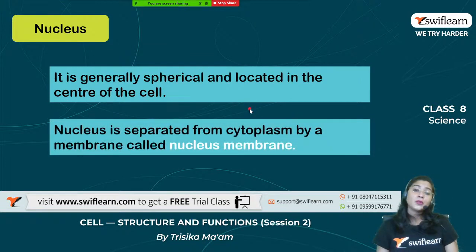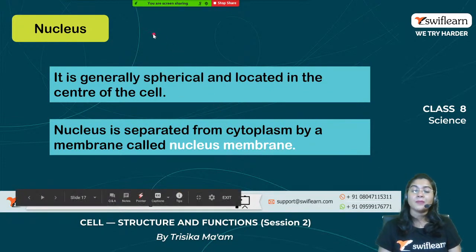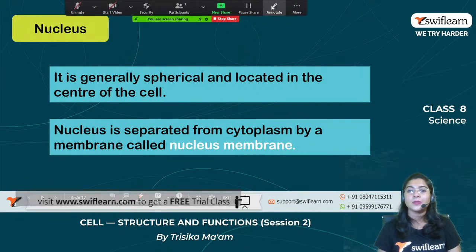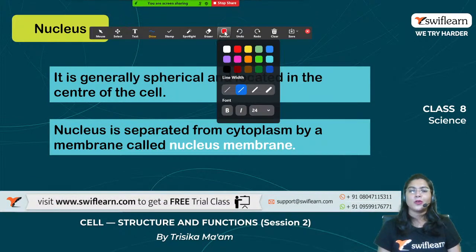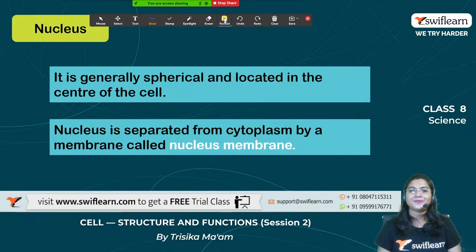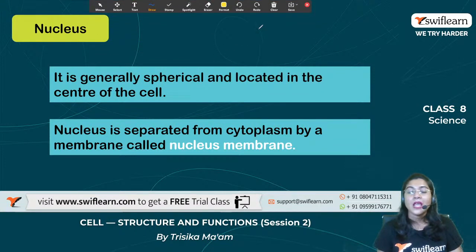Okay, so the nucleus is separated from the cytoplasm by the nuclear membrane. Again, let me draw it for you. I'm just drawing the nucleus now, not the whole cell.